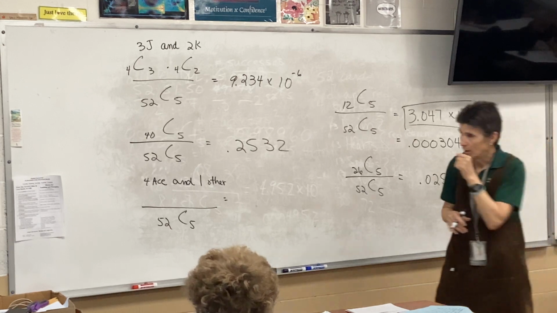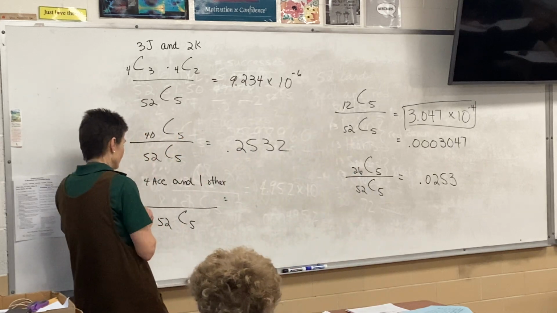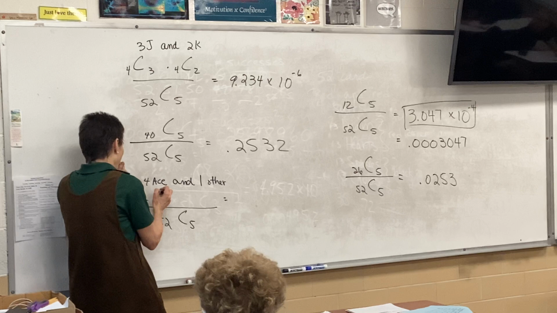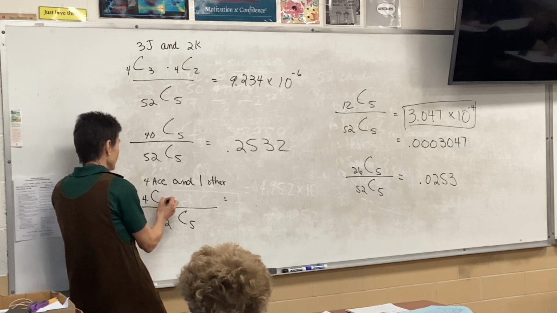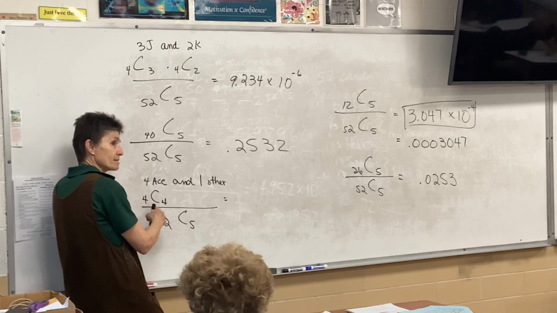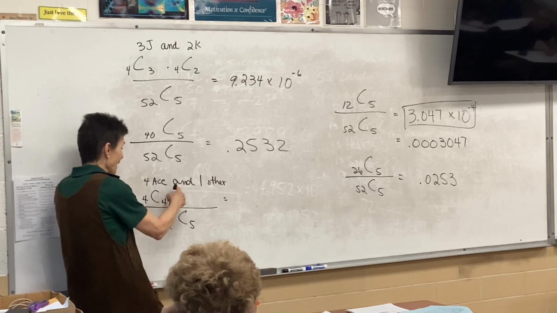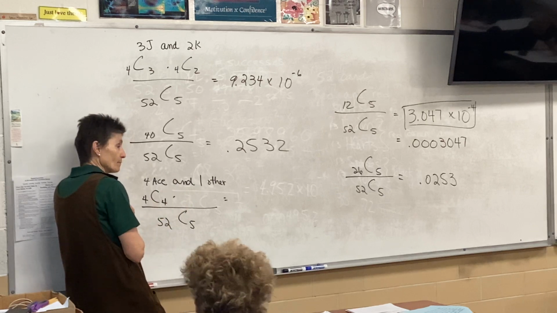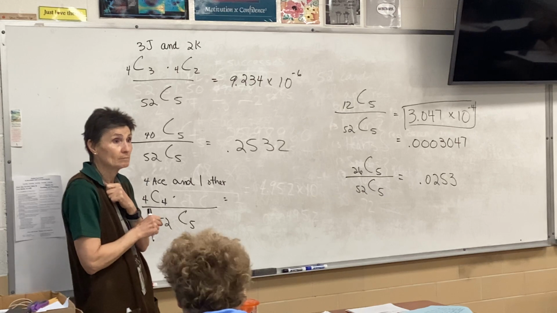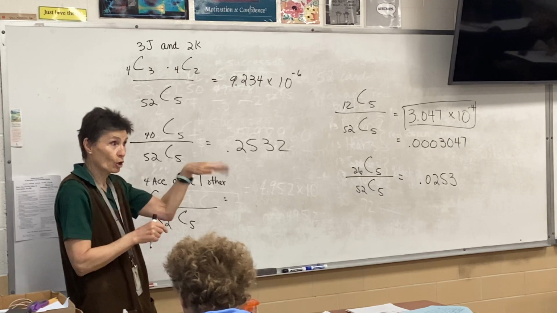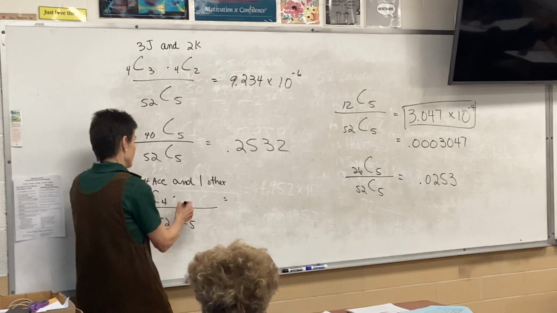Okay? So, how many aces are there in the deck? How many am I getting? 4. So 4C4, there's my aces. There's 4 of them, I want all 4. And how many other cards are in the deck that aren't aces, I mean, other things? 48.